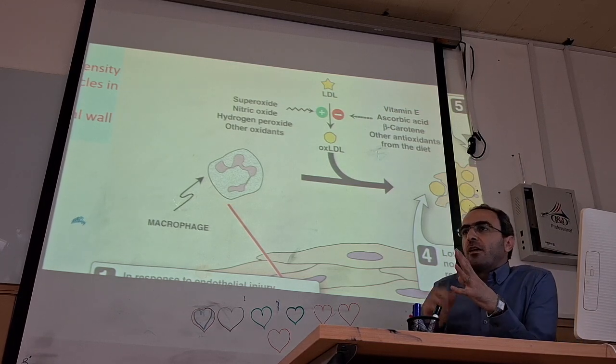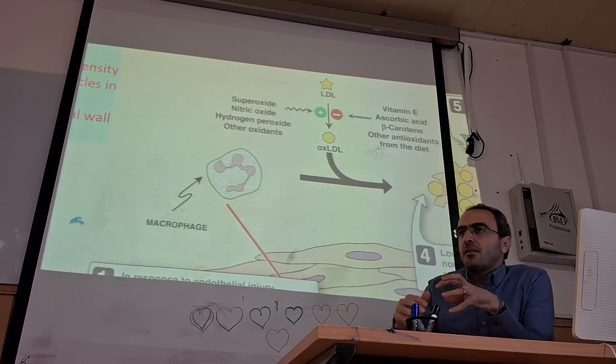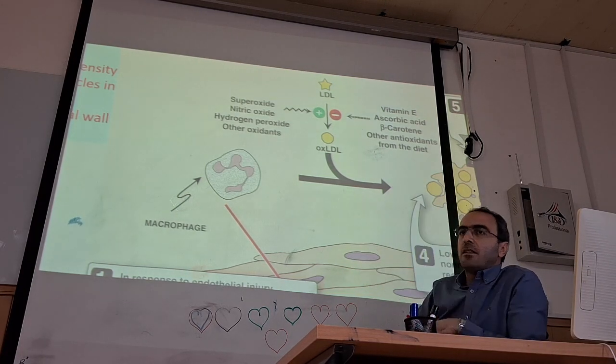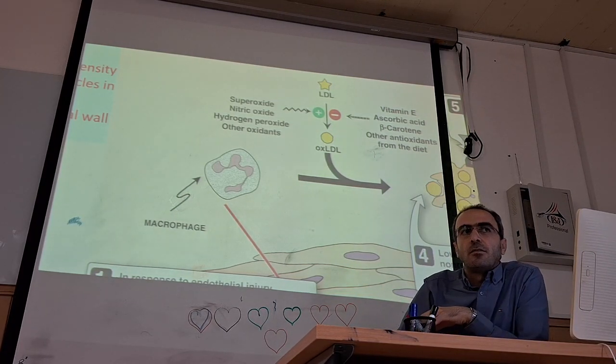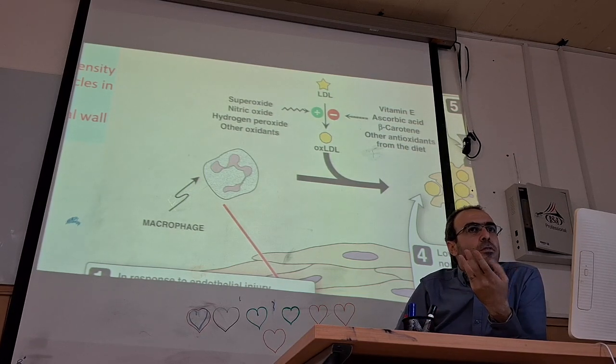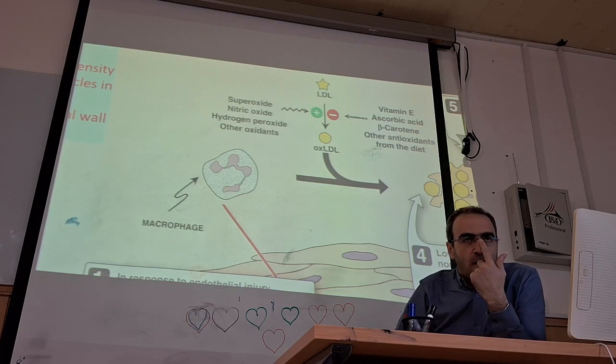If you're living with higher stress, it leads to oxidative stress and then an increase in oxidized LDL. So stress is so dangerous for patients with heart disease because it increases the oxidized LDL.